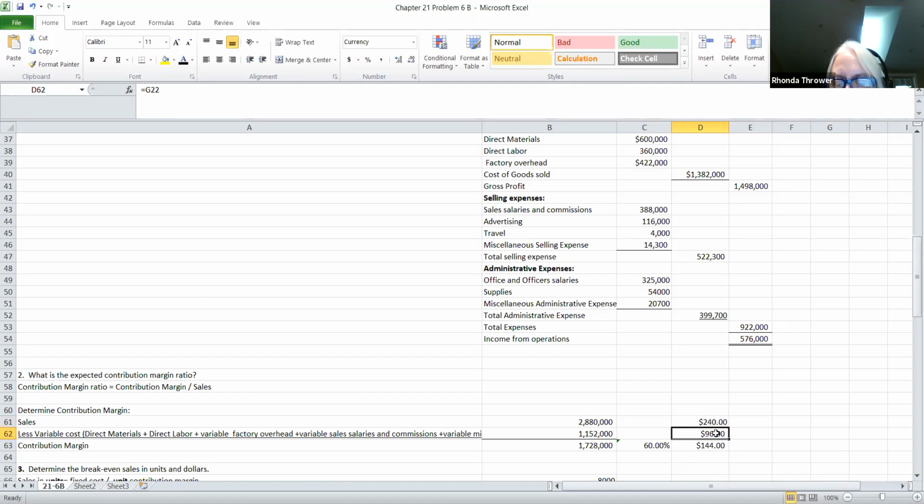If you subtract the two of these, it'll give you the contribution margin per unit. You could have also taken that 144 and divided it by 240, and it will also give you 60% as your contribution margin ratio. This is what they wanted as an answer to part 2. But you had to go through some steps to be able to compute that.